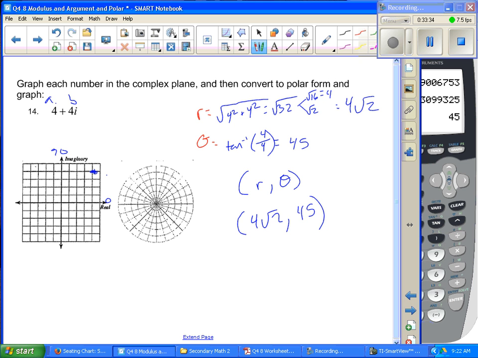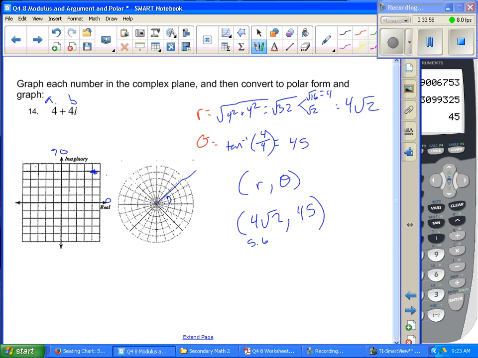So on the circular graph, I would go to where 45 degrees would be. Right there's 45 degrees. And then the 4 root 2 as a decimal, this one you really need to know what the decimal is. 5.6, is that what you're saying? Okay. So that lets me know I have to be between the 5th and the 6th circle because it's more than 5 but less than 6.